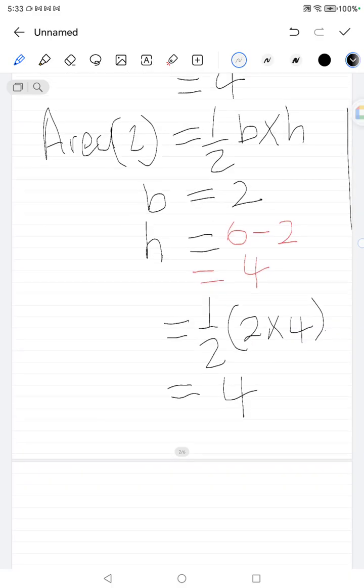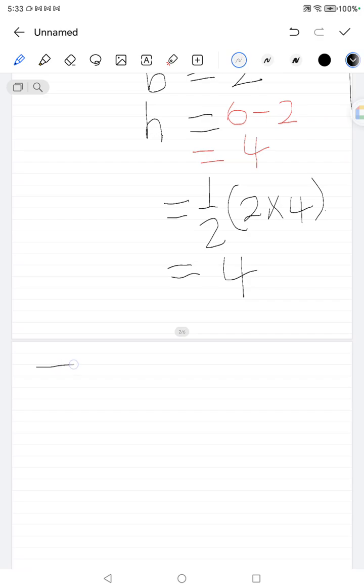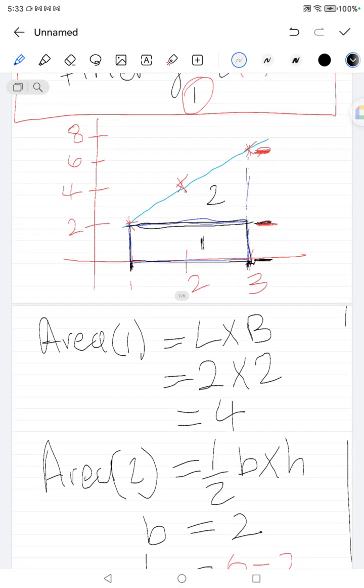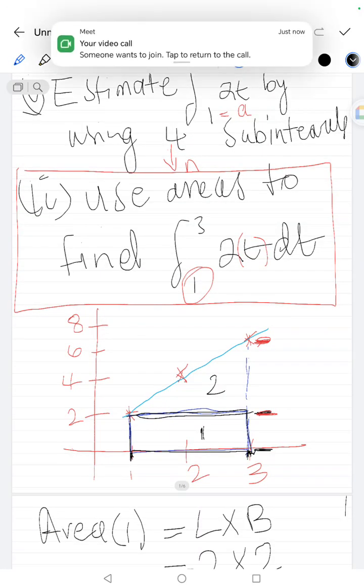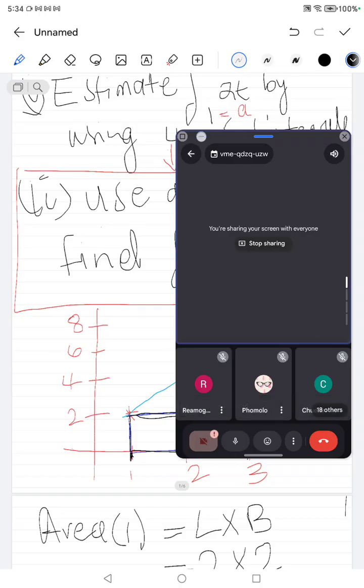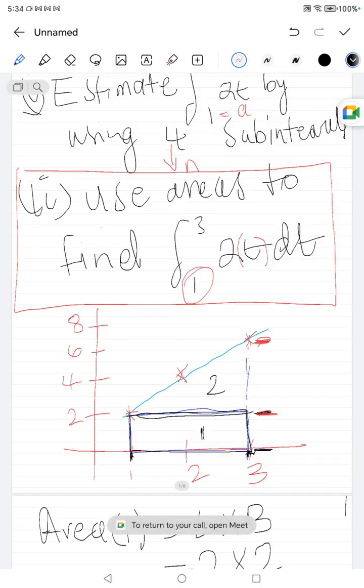So it means you can say the total area would be equal to 4 plus 4. Then this is going to give you 8. So that's one way you can do this example, where they say use areas to find this.